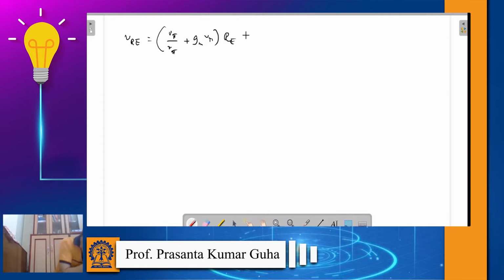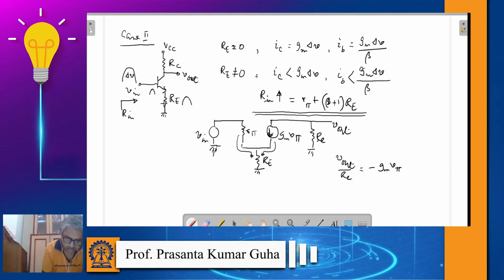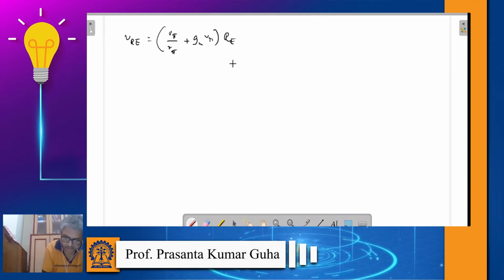And you see V in is divided into two parts. One part is V pi and the other part is across RE. So all we have to do is relate V in and V out.